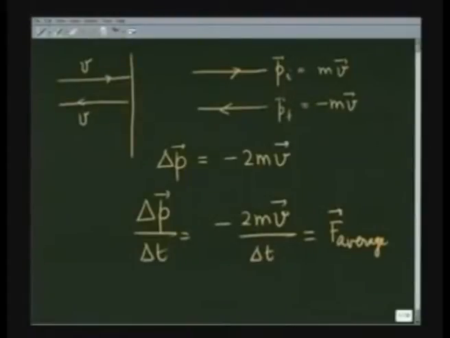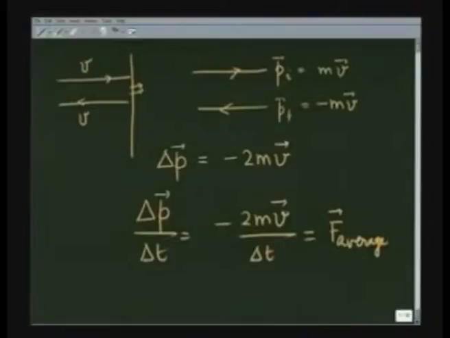I will call this the average force. I am calling it the average because I do not really know how it changed with time. If the wall has applied that much force to the ball, the ball also has applied equal and opposite force on the wall.